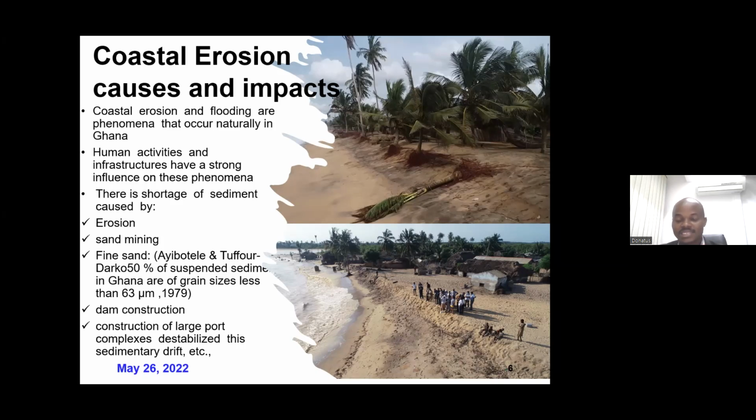What that means is that when the sediment is that fine, it can easily be transported offshore or far away from the coastline or from the particular point where it was generated. In that case, there will always be less sediment. Next slide.